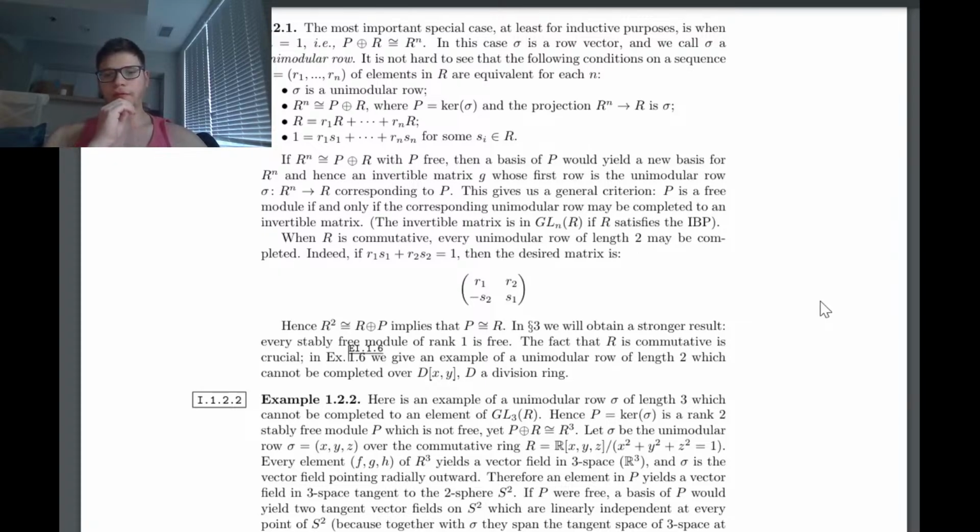I think it's like a dual vector thing. Yeah, the projection is multiplication by a row vector.